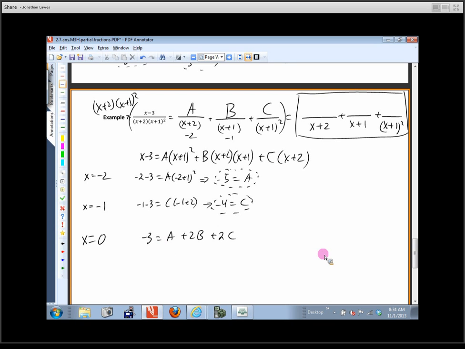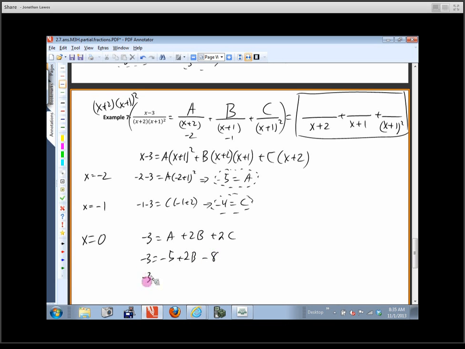There's an equation. And what's nice about that equation is it has an A, a B, and a C in it, but we know A and C. Any questions? So if I know A is -5, -3 equals -5 plus 2B, and this is going to be -8, is that right?